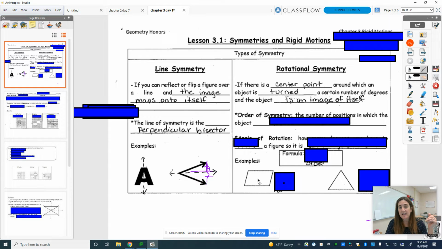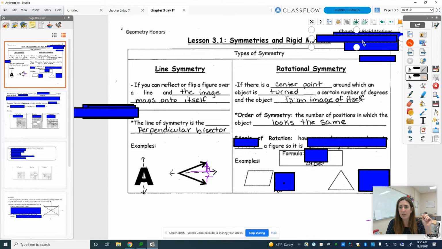In this case, these both have rotational symmetry, and you'll see why. There's something called the order of symmetry. Super important word. Order of symmetry is the number of positions in which the object looks the same. So in other words, it's how many times you can turn the figure and it's still going to look like itself.